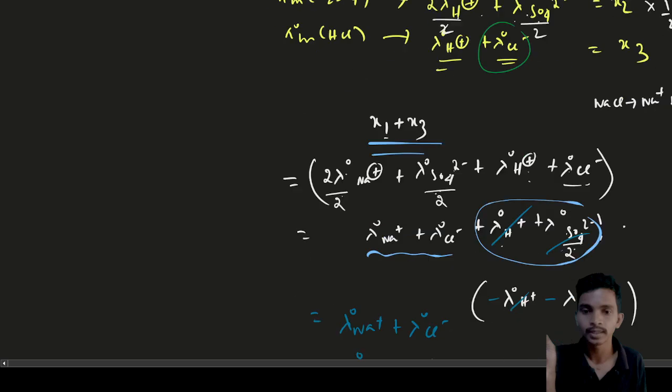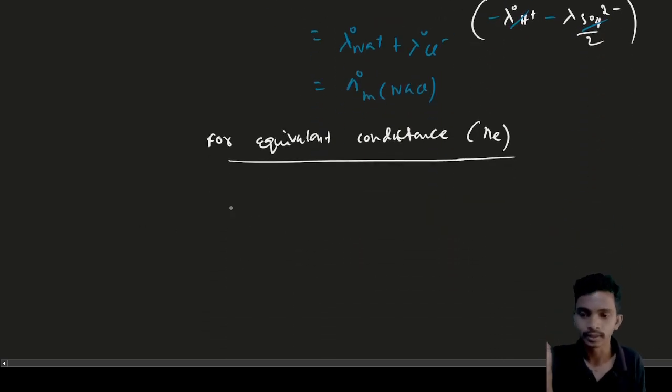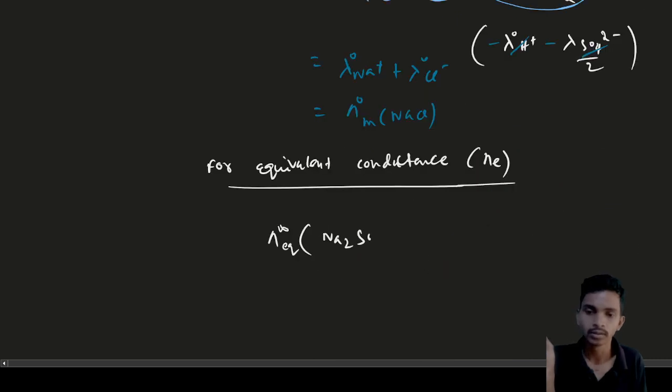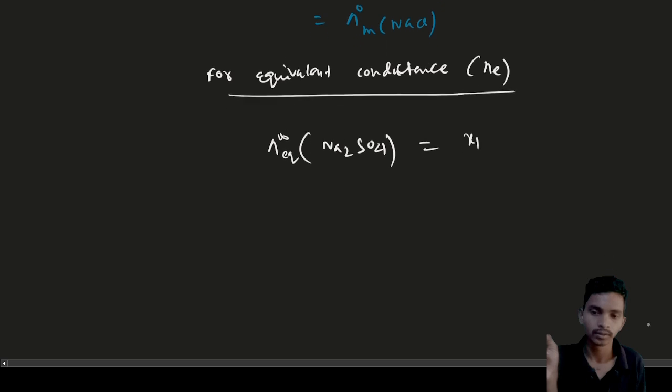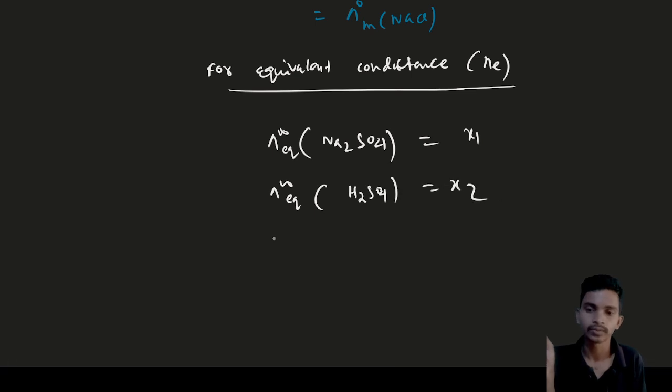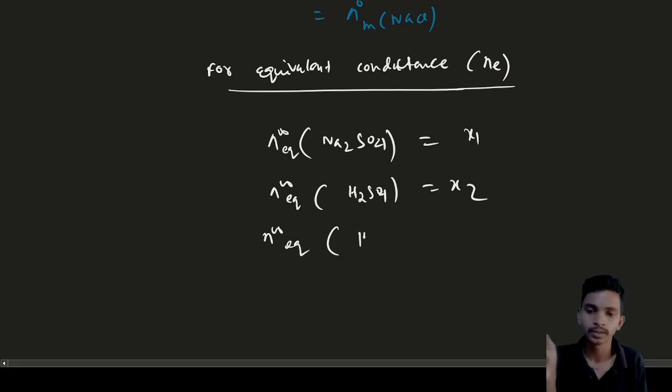Okay, so if the same example is given for equivalent conductance, let's say the equivalent conductance of Na2SO4 is given to you, let's say X1, and equivalent conductance of H2SO4 is given to you, let's say X2, and equivalent conductance of HCl is given to you, let's say X3, and the equivalent conductance of NaCl is asked, then how will you find it?